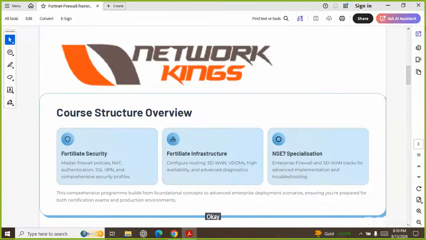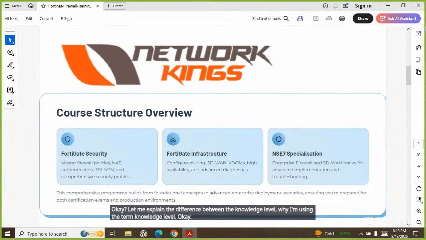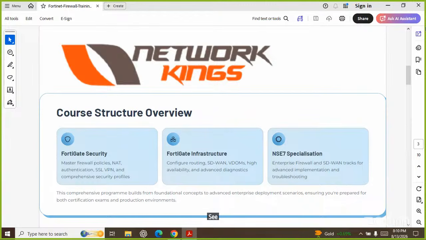Okay, let me explain the difference between the knowledge levels, why I'm using the term knowledge level. Okay, see, presume there is a problem. Okay, let me take an example of a VPN. Okay, the VPN is up, but the data is not going through.